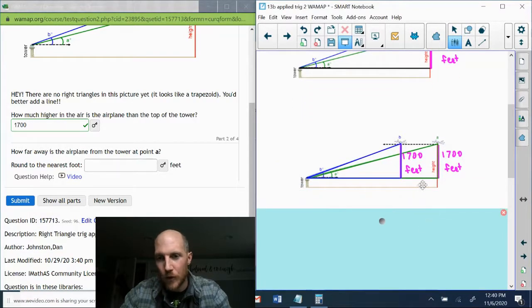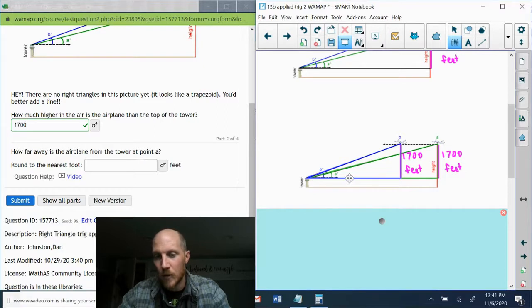Okay, so here are my two triangles. I'm going to drop an invisible line down from the airplane at point B to create a blue triangle from the top of the tower across the air at the level of the air traffic control eyeballs, and then up the 1,700 feet additionally to where the airplane is at point B. There's my blue triangle, and then starting at point A, there's the green triangle.